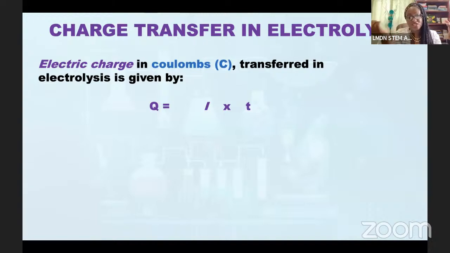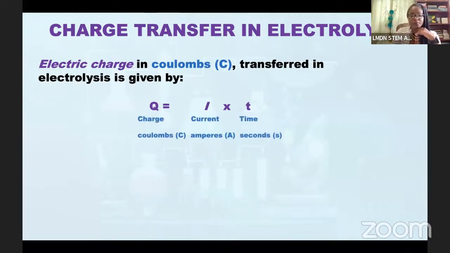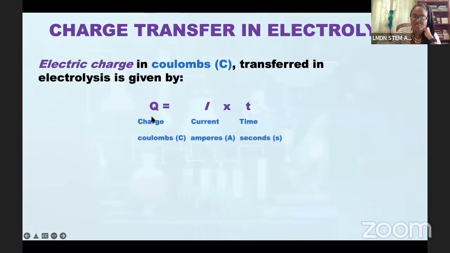The electric charge transferred is given by Q = I × t, right? Q is the electric charge, I is the current you're passing through that electrolytic cell, and time, t, is the amount of time for which you're allowing that current to flow.